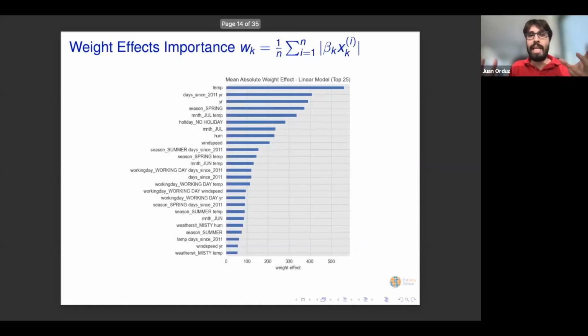So one way of capturing this intuition is to look into the ranking obtained by taking the absolute value of this weight effect and then taking the average. In this case, temperature becomes quite important and goes high up in the rank. And then we have the trend component, which is the days since 2011, as the second one.